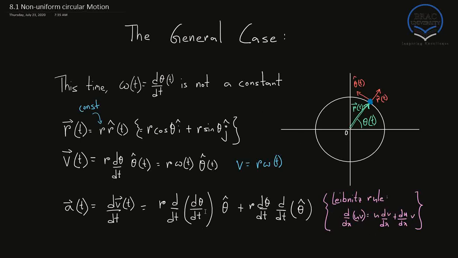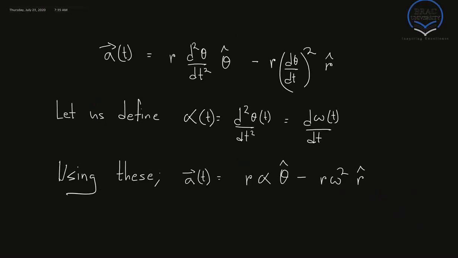So you differentiate this product and you get the following expression. Finally, you get a t equal to r d square theta by dt square, which just means differentiating theta twice, right? Times theta hat minus r d theta by dt whole square r hat.